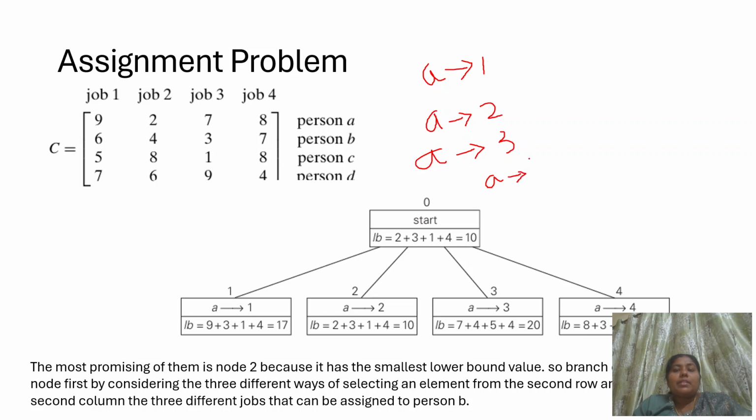We have options here. So I am giving here: A is assigned to 1, A is assigned to 2, A is assigned to 3, and A is assigned to 4.